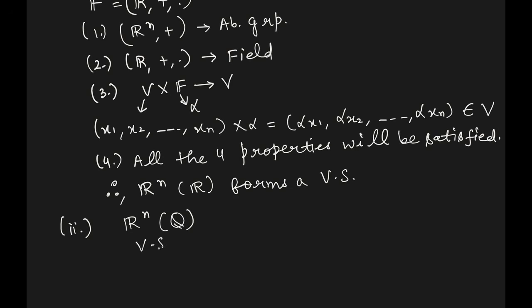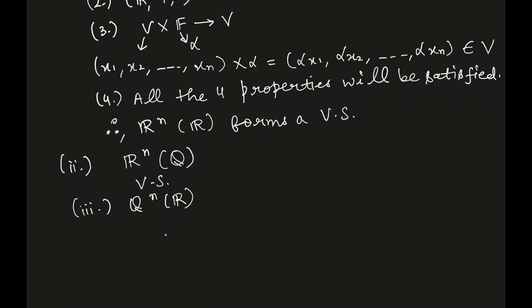Yes. Third, Q n over R. Not possible because R is not contained in Q. Yes, R is not contained in Q, so not a vector space.